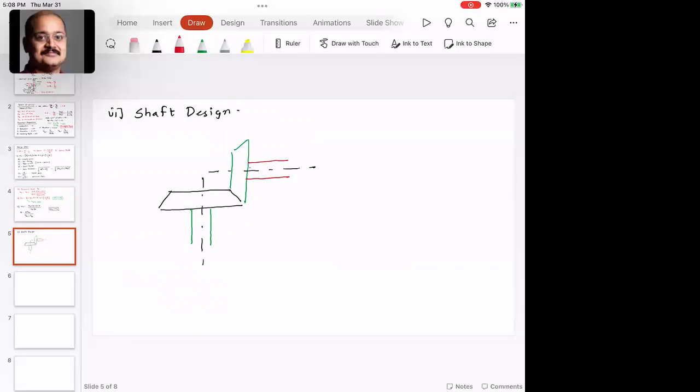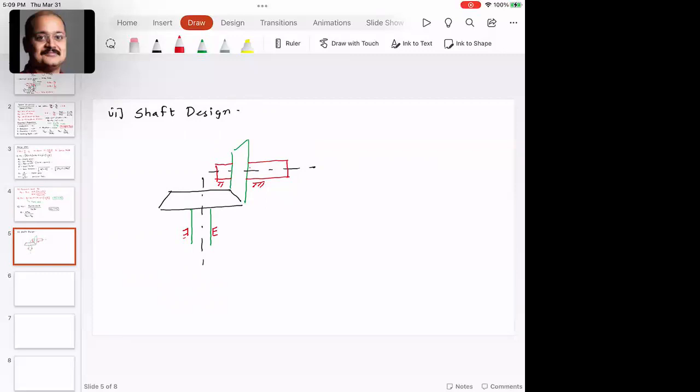Let me give you an example. Say this one gear is simply supported and the second gear is cantilever. Then the shaft design process for these two shafts is going to be slightly different because the maximum bending moment on the horizontal shaft will be different compared to the bending moment on the vertical shaft. So the total bending moment is going to be different, and clearly you will be designing two different shafts.